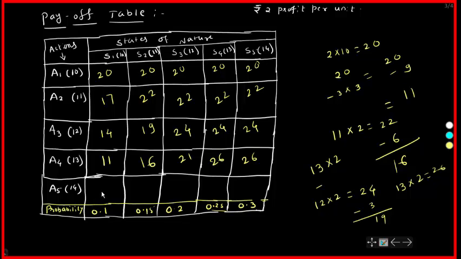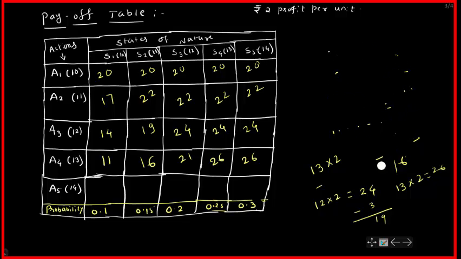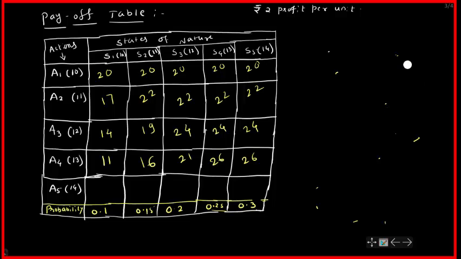The last row, he purchased 14 newspapers but demand is 10. Since demand is 10, he can sell only 10 newspapers. So his profit is rupees 20, but he has to bear the cost of the remaining 4 newspapers.